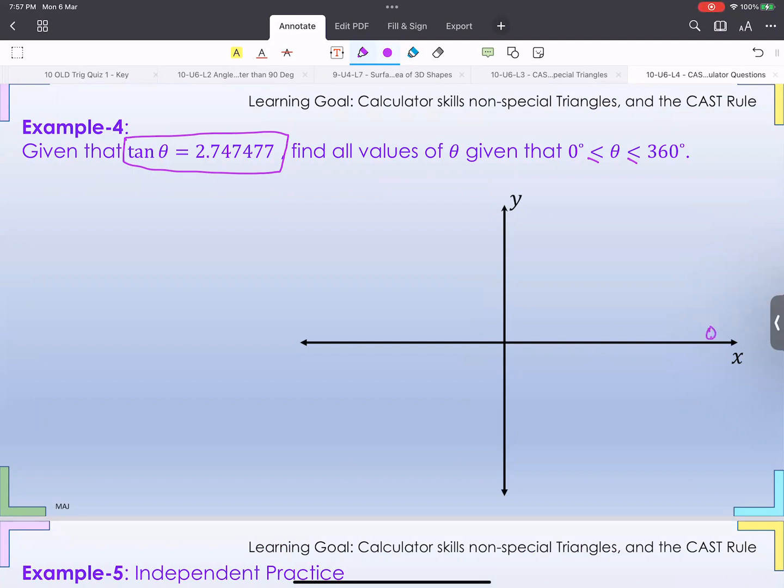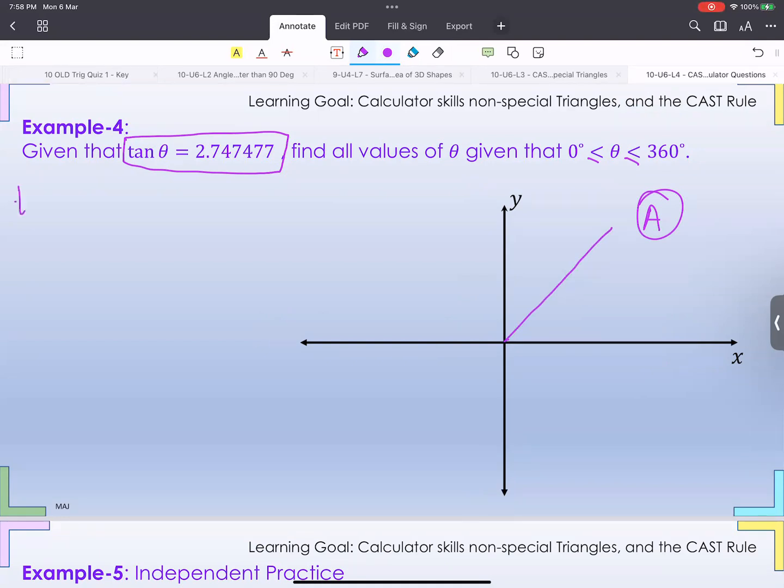So 0 to 360: 0, 90, 180, 270, and 360, which means you're going to scan this entire domain and find solutions everywhere in that domain. Now, tan theta is positive where? This is all sine, cos, and tan are positive, so tan is definitely positive here, which means I'm going to put a terminal arm there.